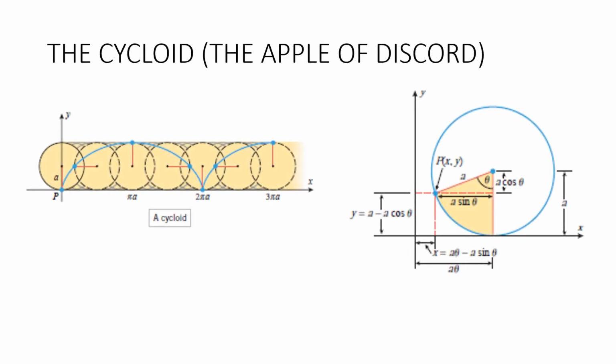So let's have this one, the cycloid, which is also known as the Helen of Geometry curve. The result of this discussion can be used to investigate a curve known as the cycloid. This curve, which is one of the most significant in the history of mathematics, can be generated by a point on a circle that rolls along a straight line.